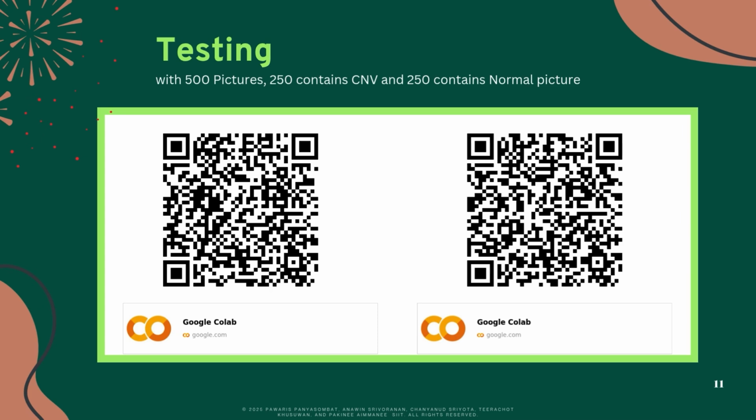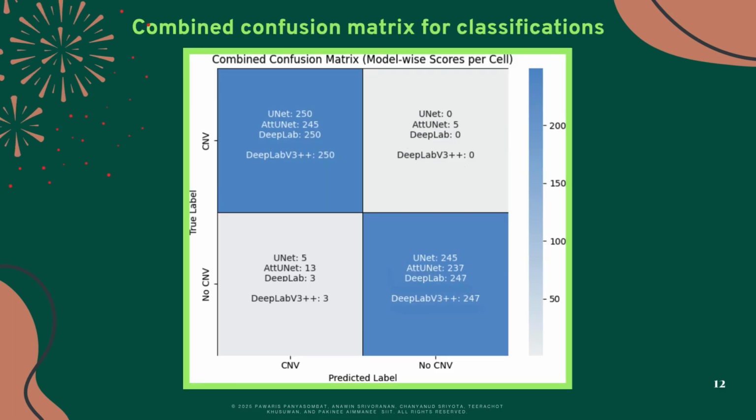We tested all the models on 500 images, half with CNV and half without CNV. The first evaluation format is the confusion matrix. That's used to evaluate the classification performance.